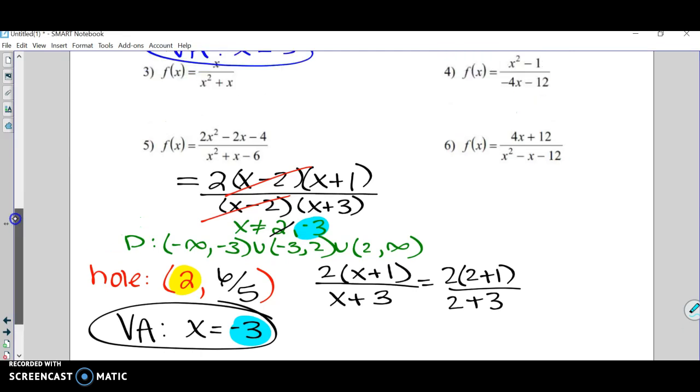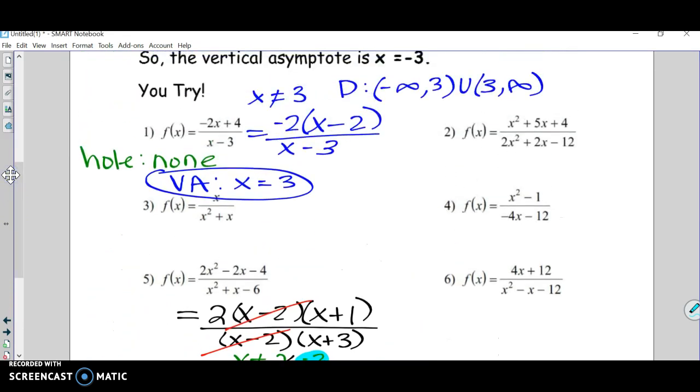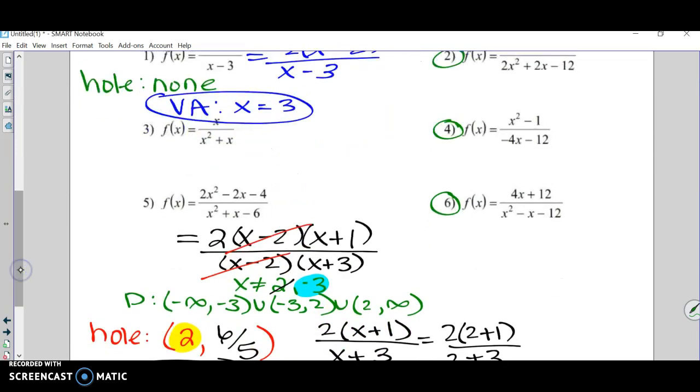Your homework is going to be 2, 4, and 6. Just the even ones. What I want you to find on all 3 of these, homework is number 2, 4, and 6. Sorry, I think I said 5.